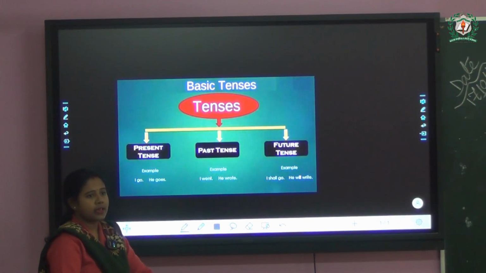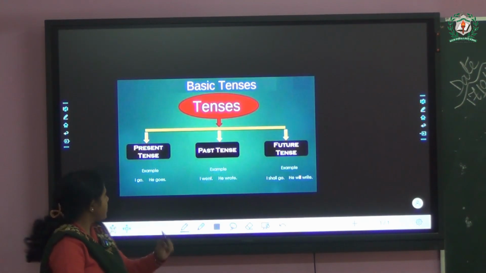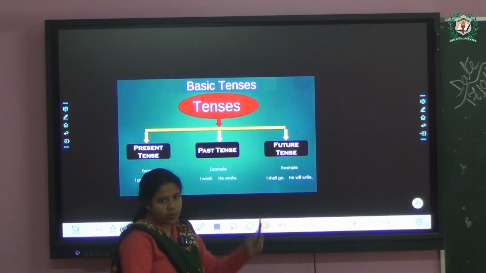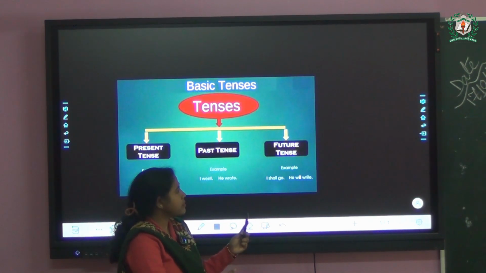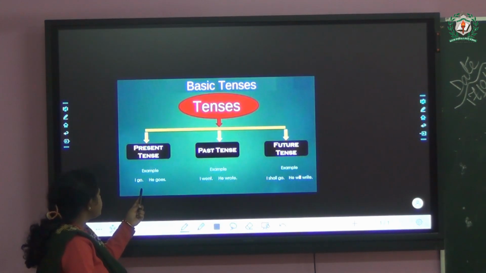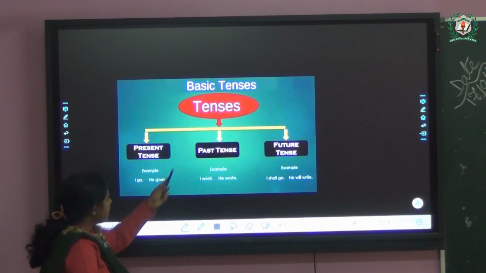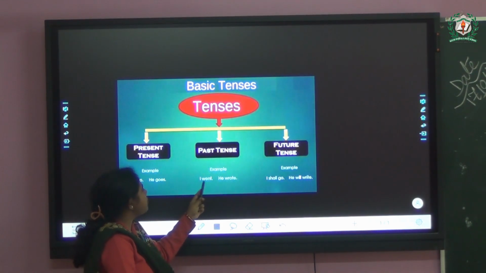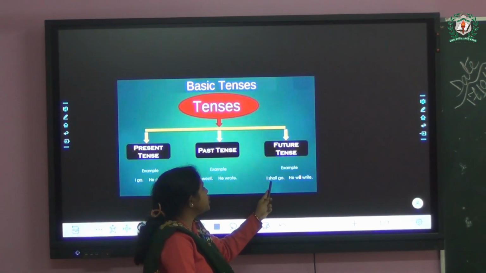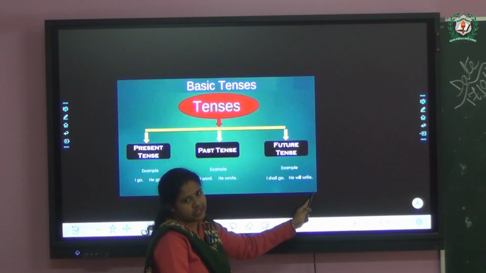If it is of now, present, then we say present tense. And if the verb will be done in the future, then it is future tense. A few examples are also given there, like I go, he goes. Examples of past tense, like I went, he wrote. And future tense, I shall go, he will write.